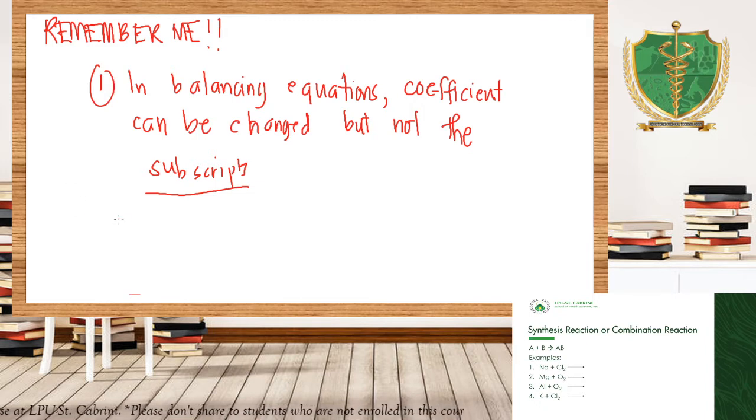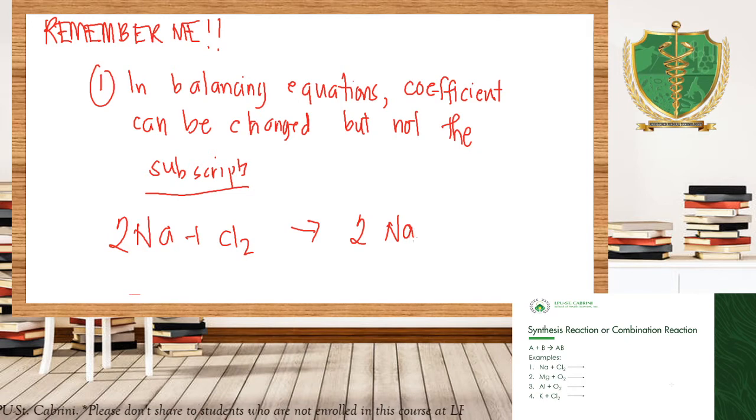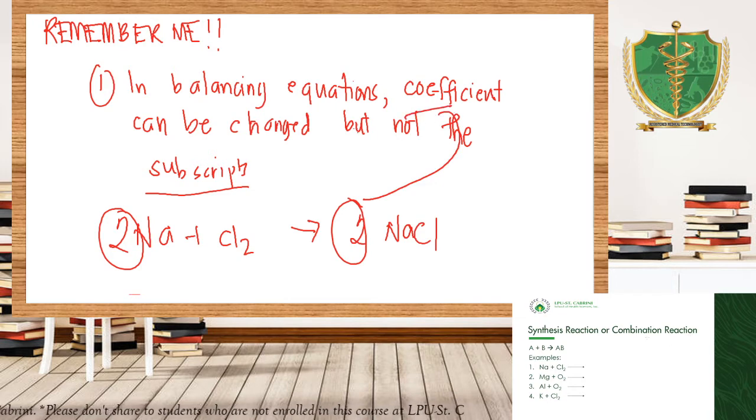Let's say, for example, 2Na plus Cl2 will give you 2NaCl or sodium chloride. This 2 is our coefficient, the number written before the chemical formula. And this one is our subscript.